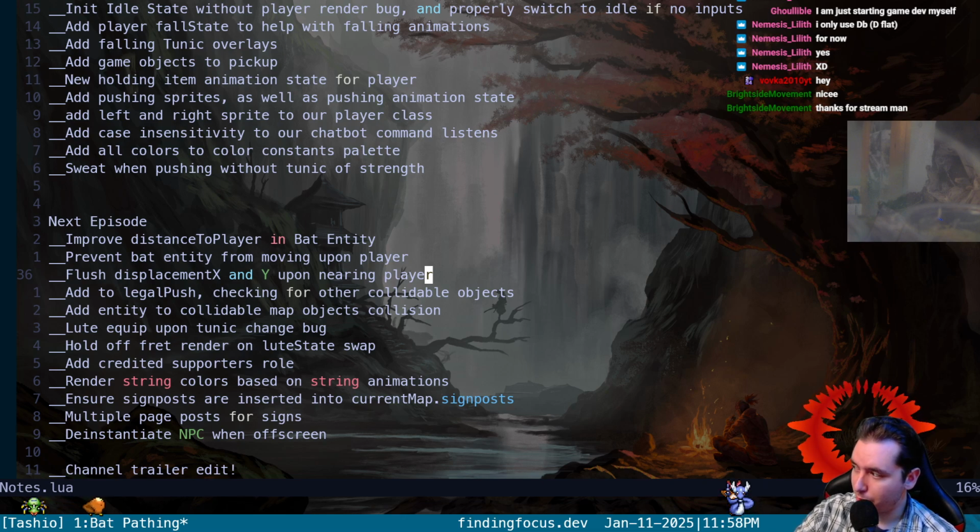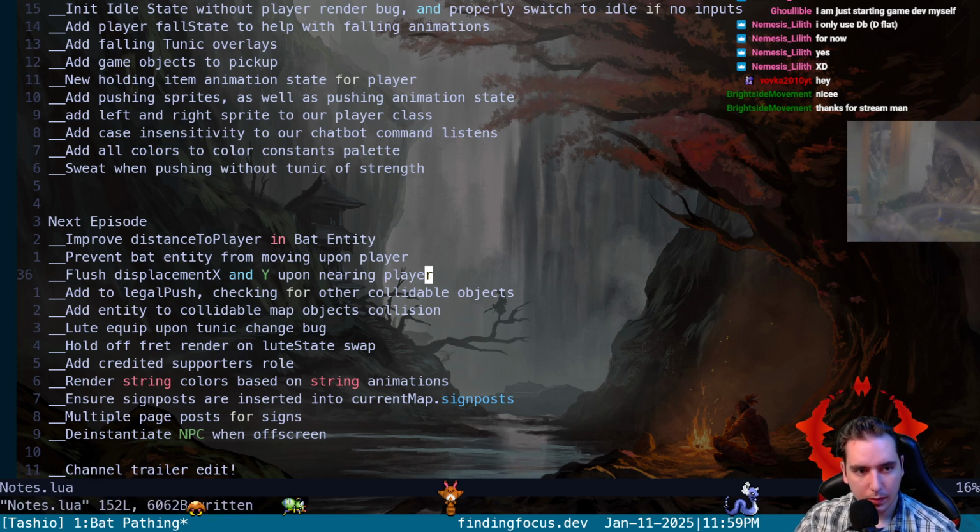We have to push boulders off to the side and make a way while we defend ourselves from bats and work our way down to the bottom of the dungeon to get the tunic, the green tunic. So that's what's next. We're doing pretty good on our roadmap. This is a big step of the roadmap. The dungeon and the bats are the hardest thing left in the roadmap, so once we get that, it'll be smoother sailing towards the demo.